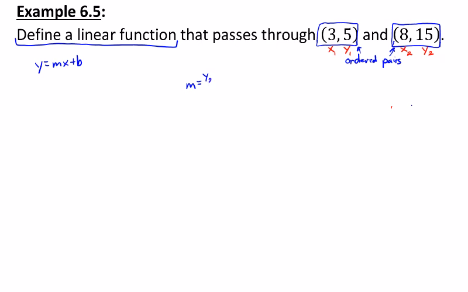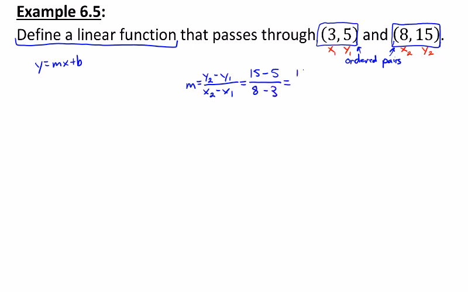For the slope definition, there is a formula that says slope can be interpreted as y2 minus y1 divided by x2 minus x1. Since we've already labeled the ordered pairs with x1, y1, x2, y2, we can go ahead and substitute those values in: 15 minus 5, all divided by 8 minus 3.